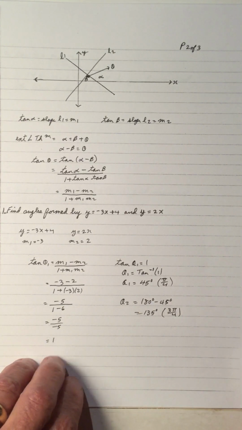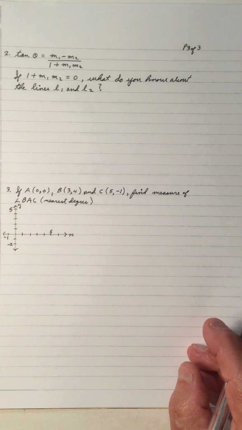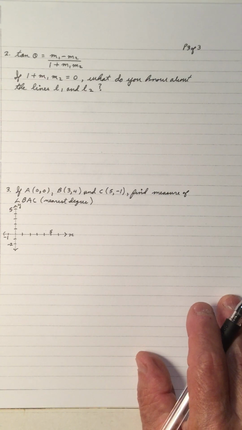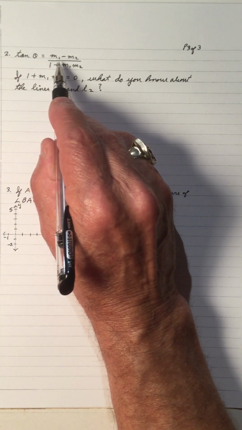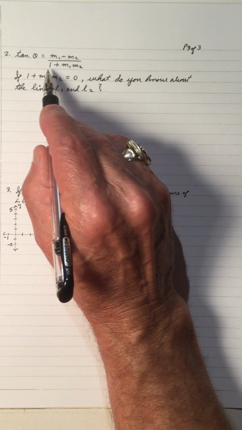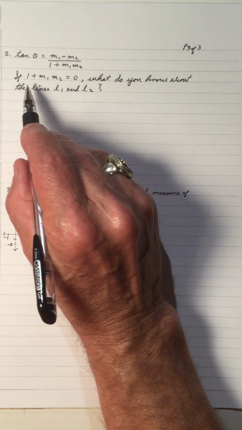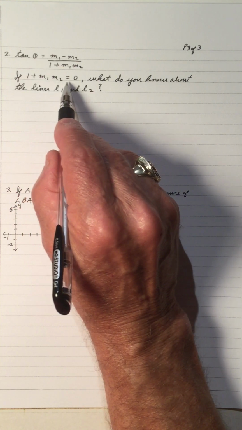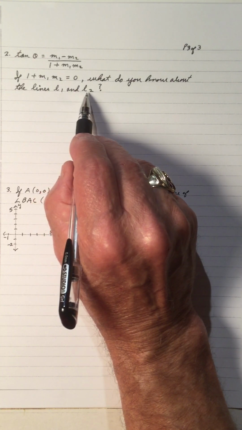We use the addition formula for tan because we have the slope of each line. Number 2: tan of theta is equal to the slopes M1 minus M2 all over 1 plus M1 times M2. If 1 plus M1 times M2 is 0, what do we know about the lines L1 and L2?